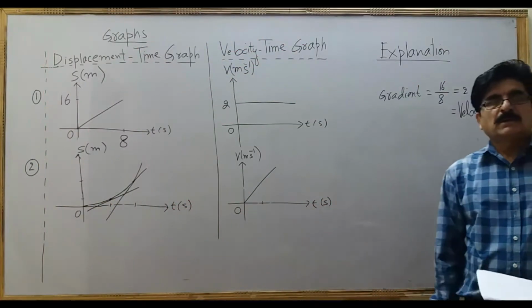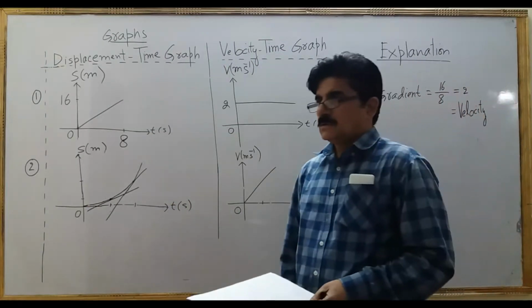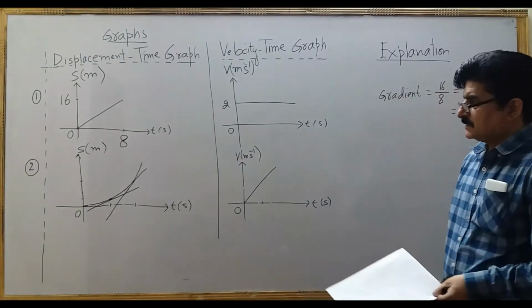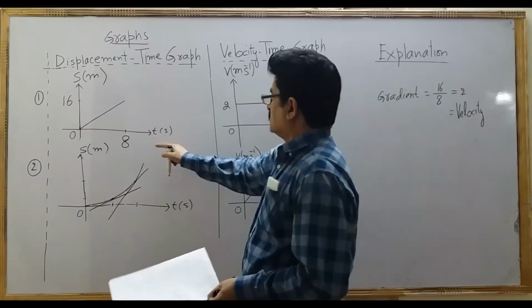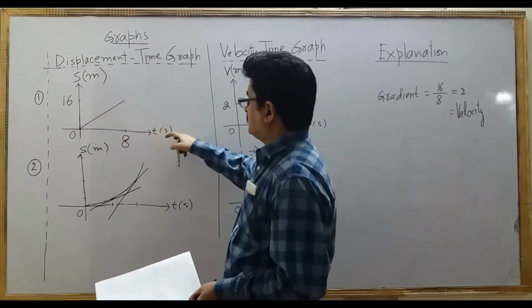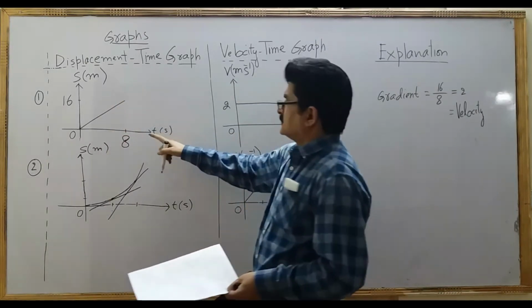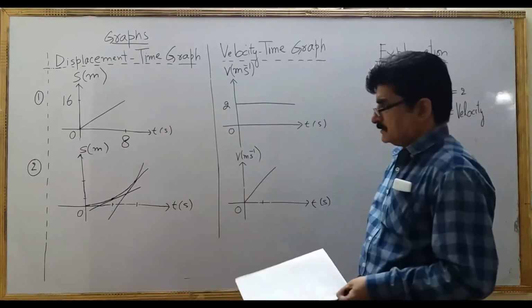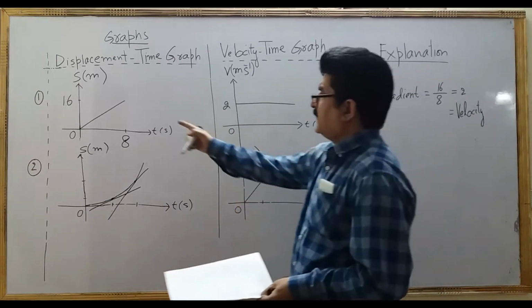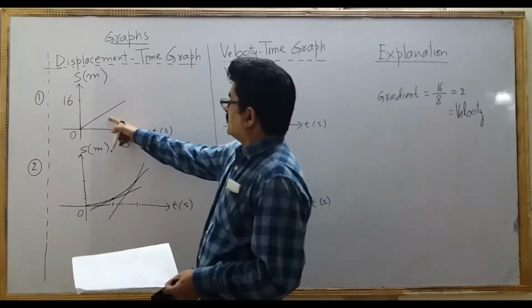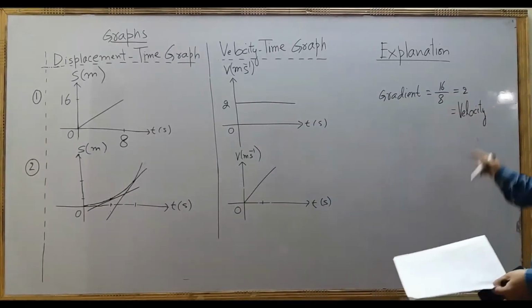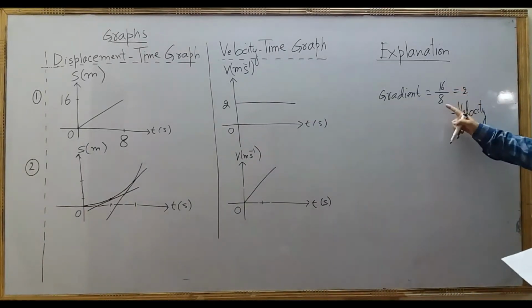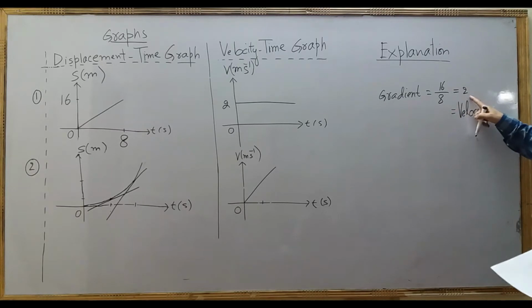Let us discuss the graphs involving different situations. In the first graph, see that this is a displacement time graph. The graph is straight and the gradient of this graph is positive. Its gradient is equal to 16/8, which is equal to 2.